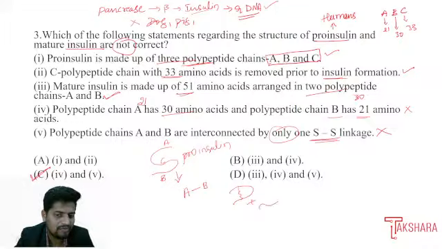With the total removal of the C chain, the proinsulin is converted into human insulin. That is an example of the maturation of insulin. So option C will be the correct option for question number 3.